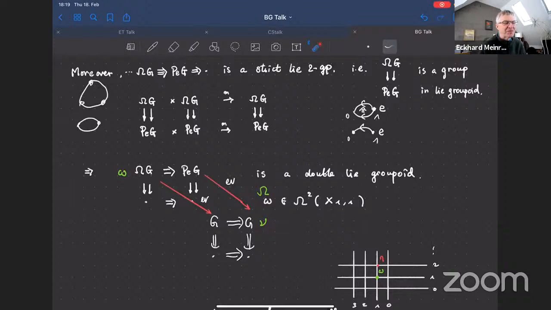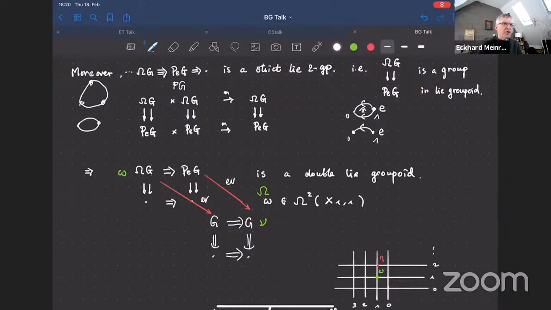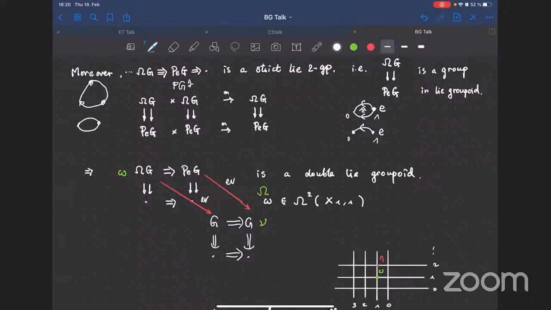So I'm wondering if there's some extension of the story to the full path space. I understand. So here we replace it by PG, the full space, right? Yeah, or maybe quasi-periodic paths. But quasi-periodic path is a way to extend loops, no?